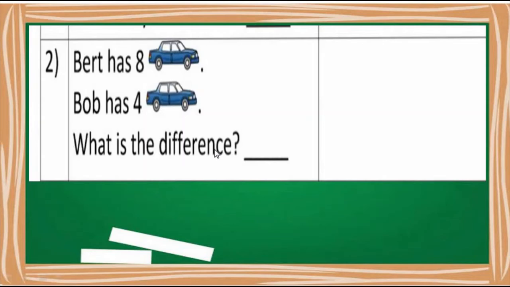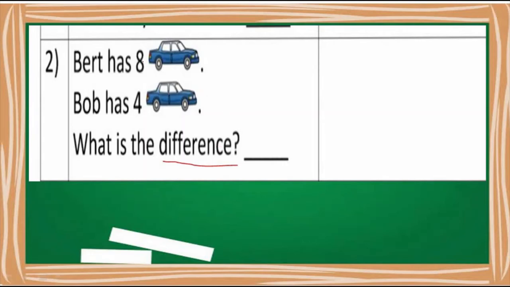Let me explain. Here we have the words what is the difference. I have explained this again and again that whenever we have to find the difference, at that time we have to make subtraction. Okay?